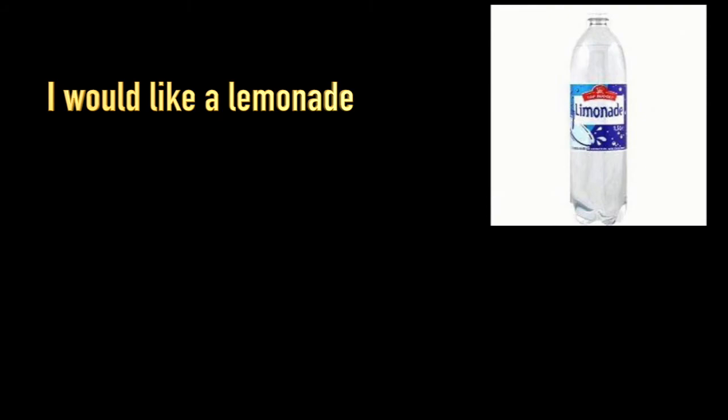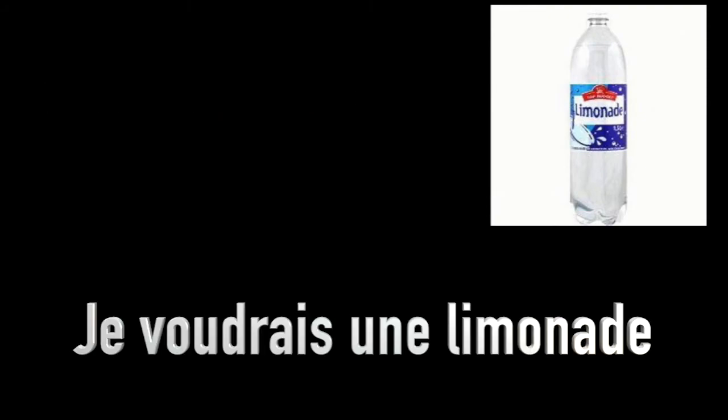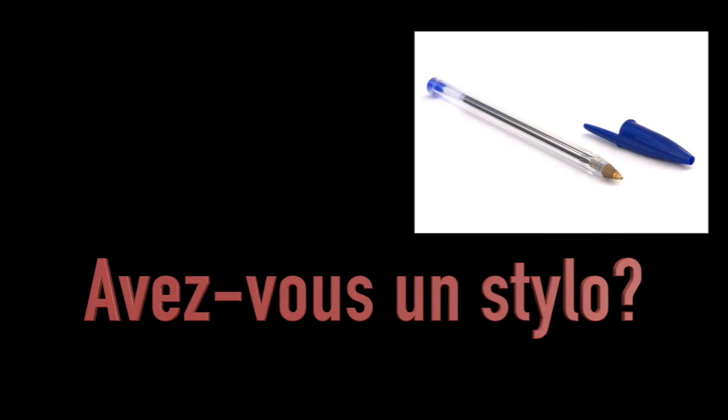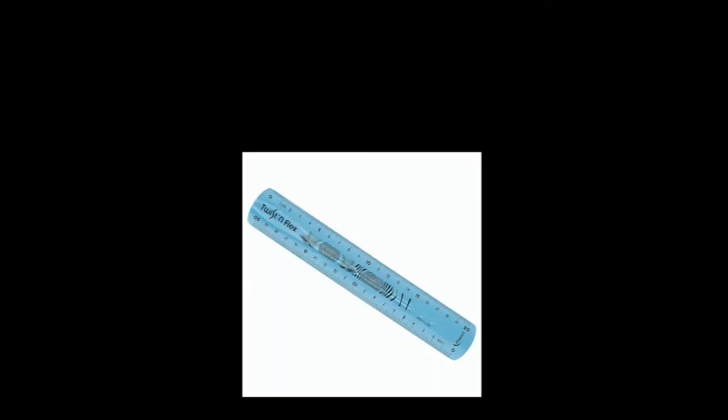The French for I would like a lemonade would be je voudrais une limonade. You might ask someone if they have a pen. Avez-vous un stylo? Note, as I ask the question, my voice goes up at the end to give that sense of questioning.